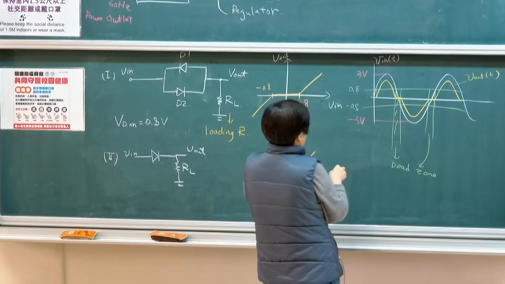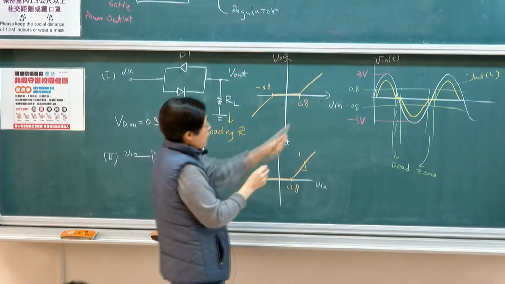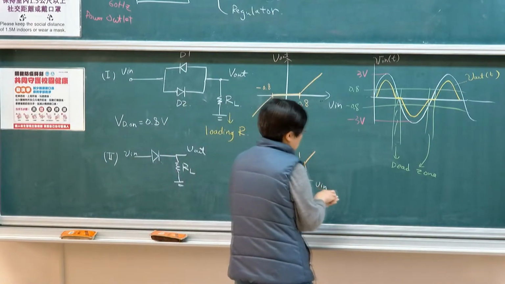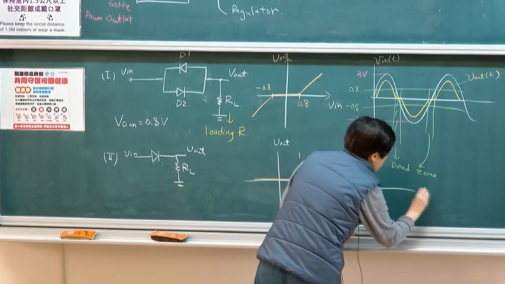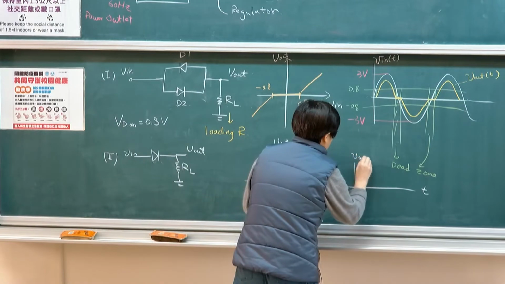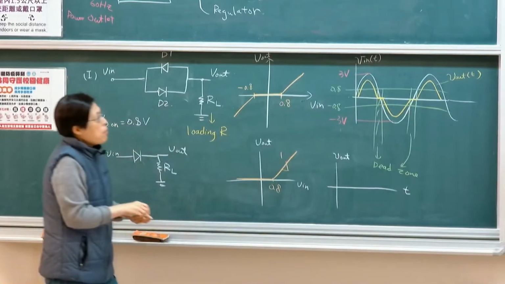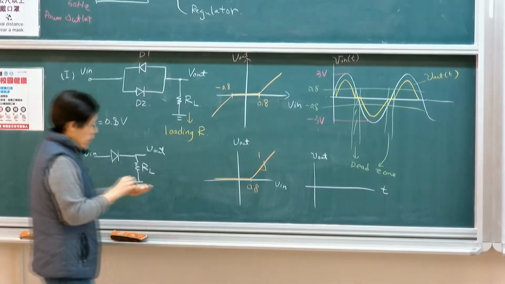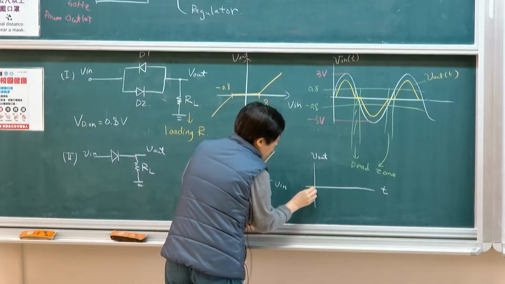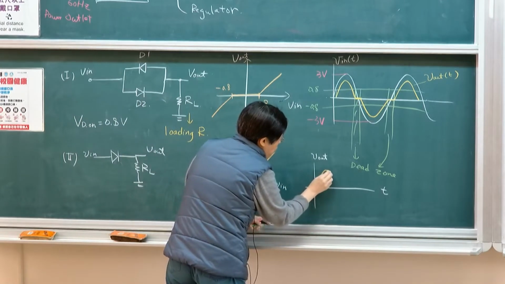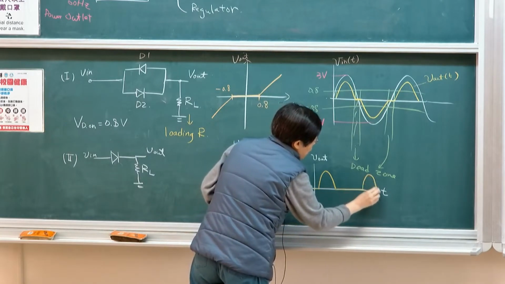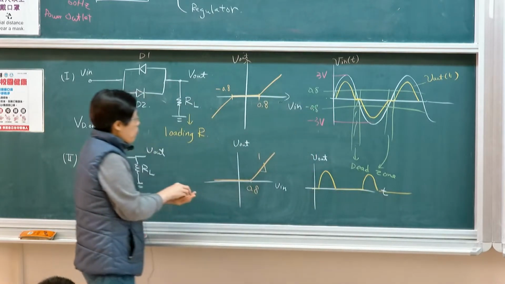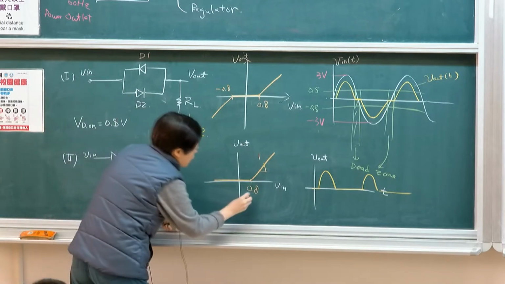In the rectifying circuit, the plot looks identical on the right. Your output response to the same input of 3 volts will look something like this. Only the positive half will pass, then remain dead, and then the positive half again.